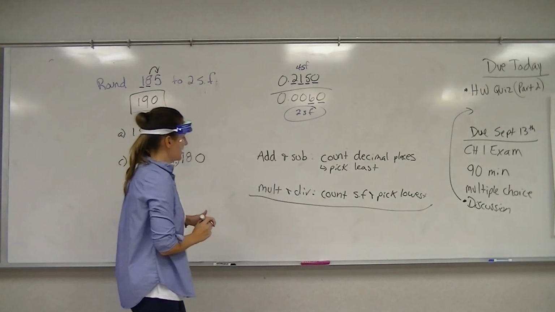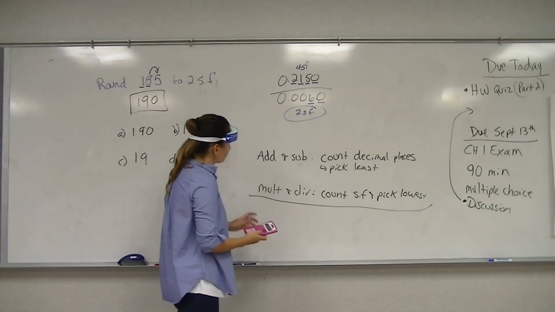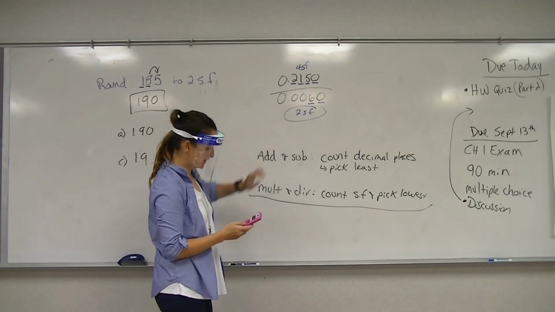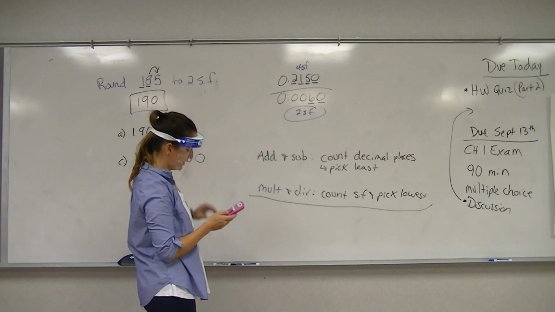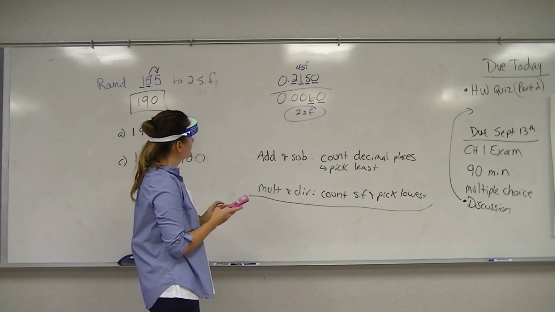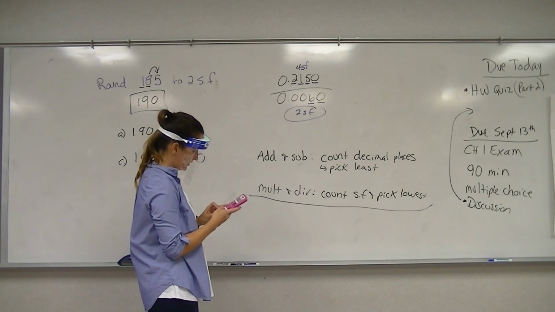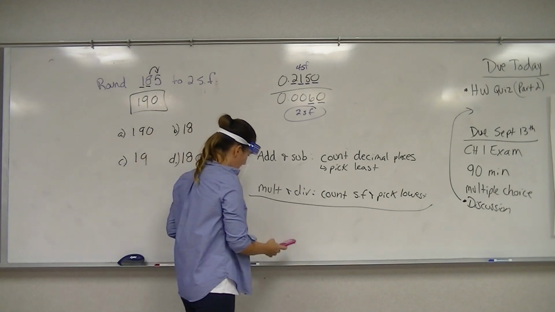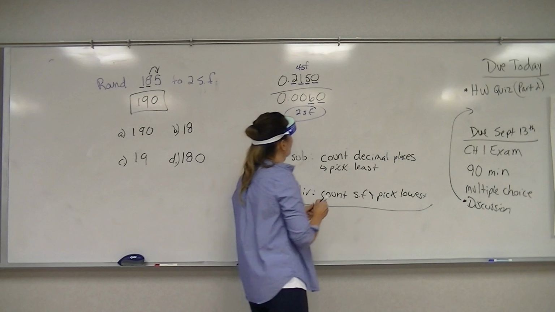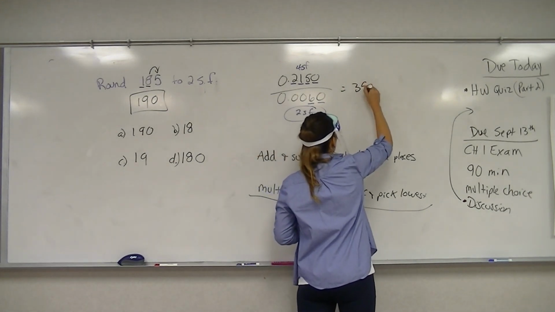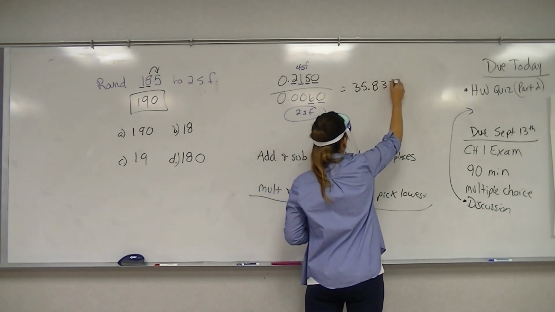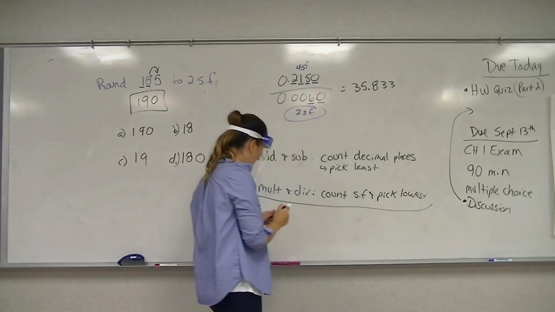So once I do that division, I'm going to round it to 2 sig figs, much like I did over here. 0.2150 divided by 0.0060 is 35.3333 repeating. Okay?